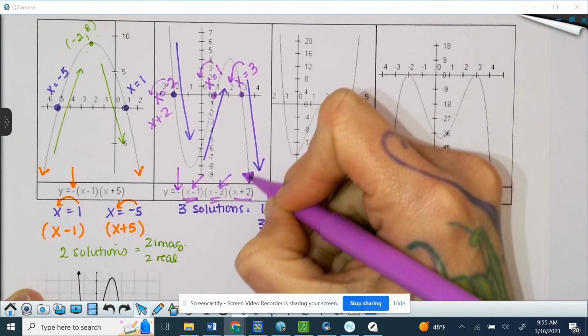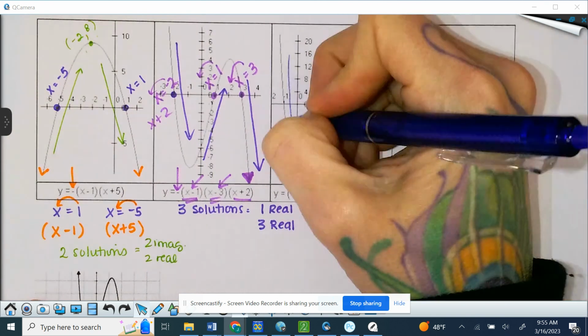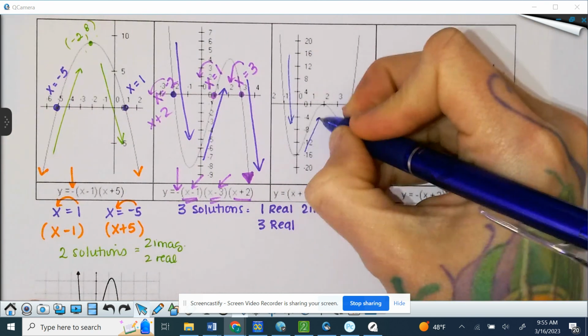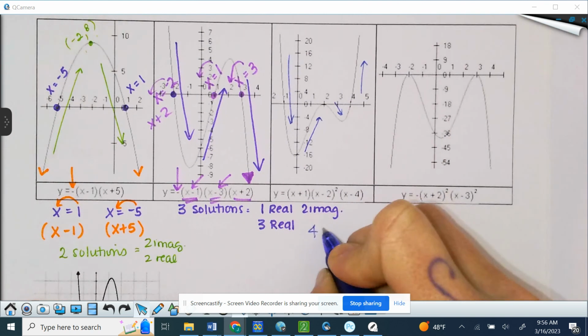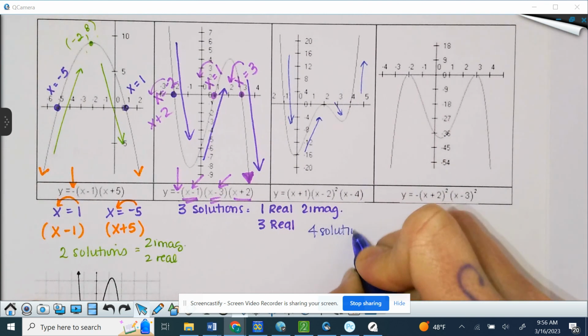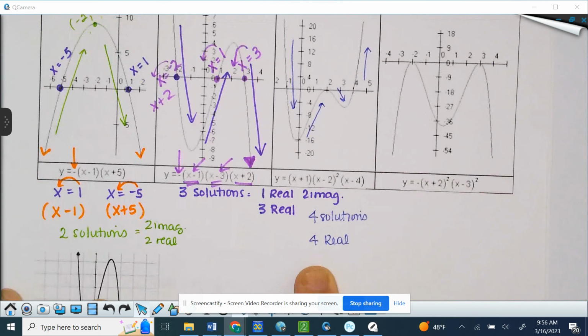So speaking to end behavior statements. The next guy, we have decrease, increase, decrease, increase. So that means I have 4 solutions. So I could have 4 real. I cannot have 1 real because that leaves me with 3 imaginary, and that's an odd number, so that won't work.